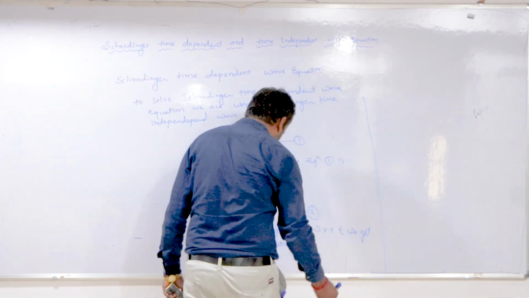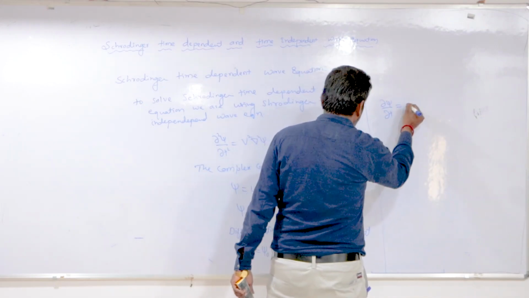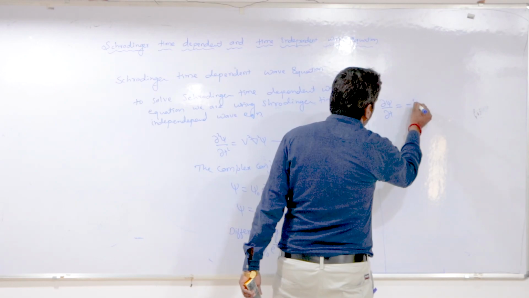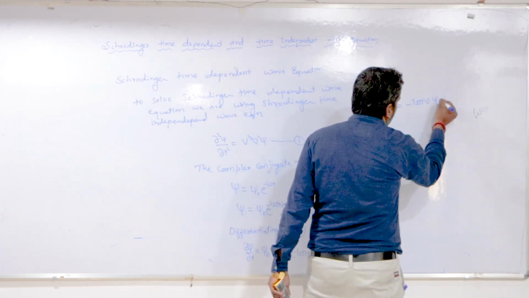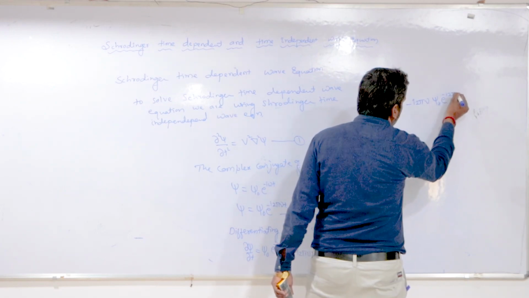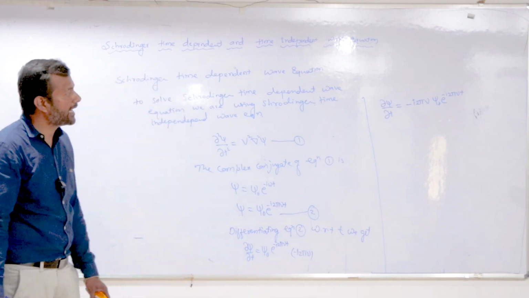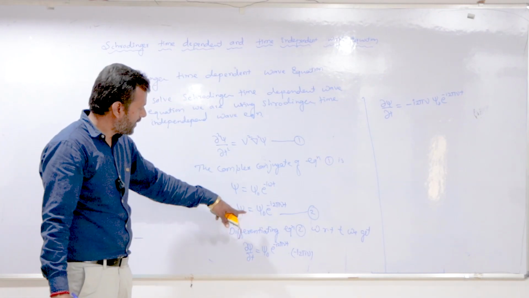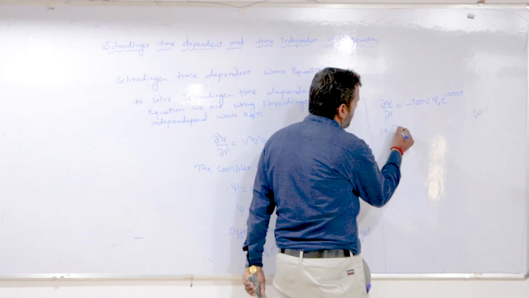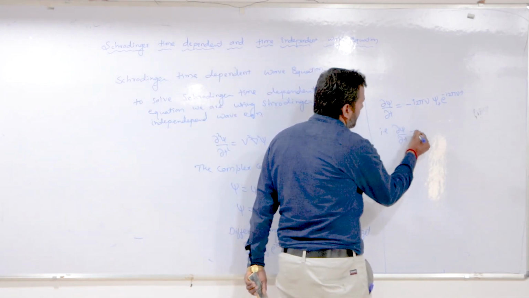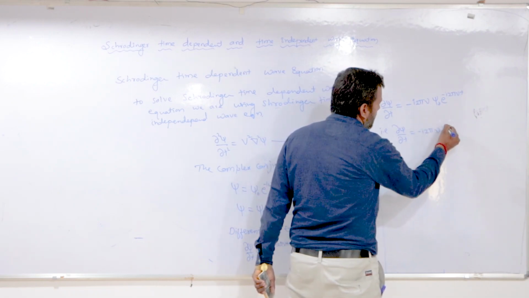So dou psi by dou t equals minus i 2 pi nu psi naught e to the power of minus i 2 pi nu t. This psi naught e to the power of minus i 2 pi nu t can be replaced by psi from equation 2. So dou psi by dou t equals minus i 2 pi nu psi.